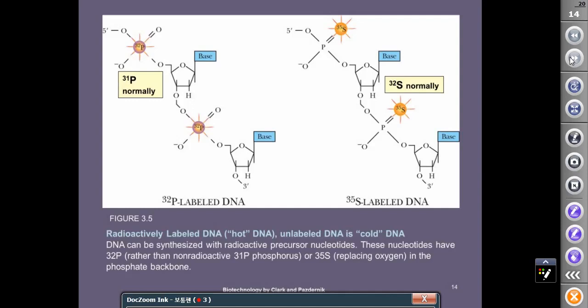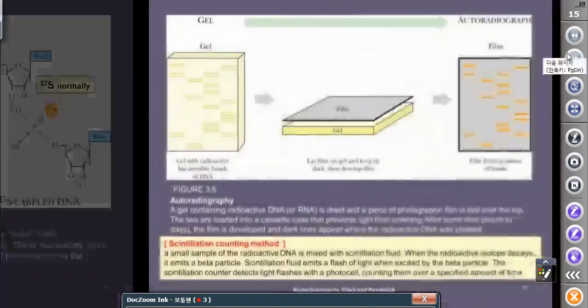Then afterwards, you will understand what this is all about. You have to label the DNA, especially for making probes. Without labeling, you won't be able to see which one is which.